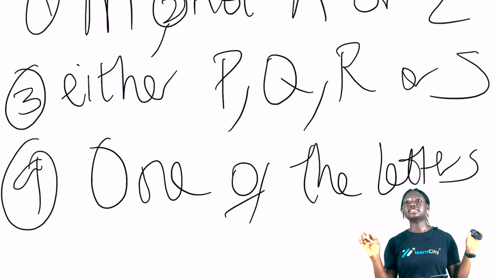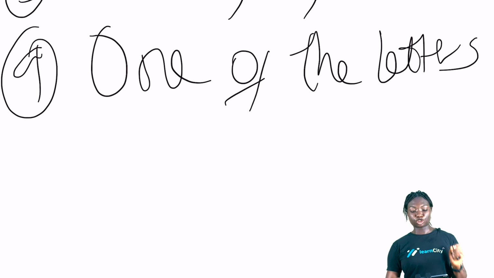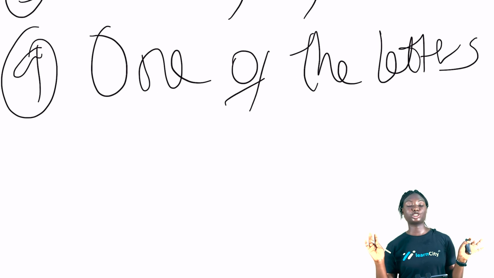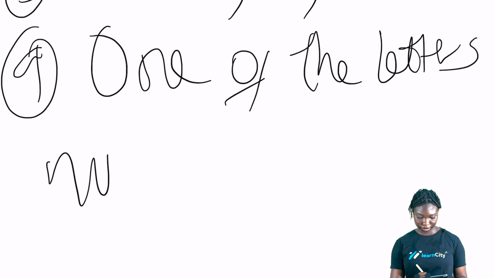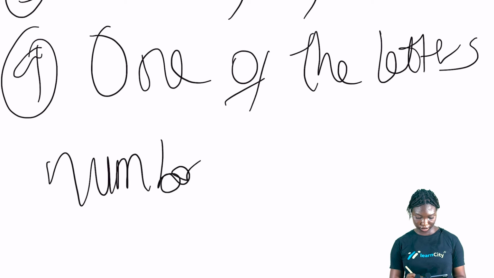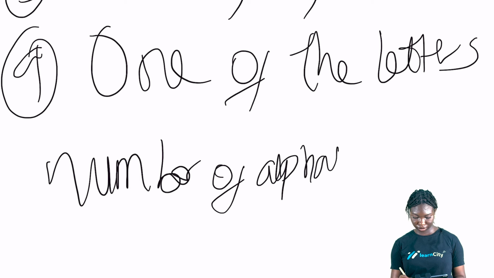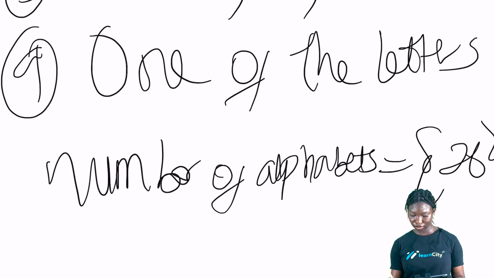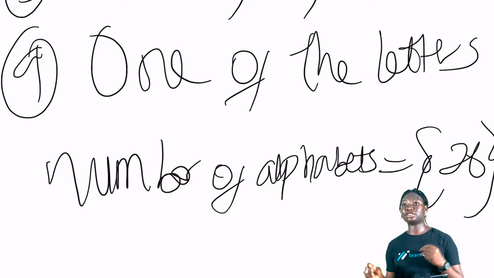So we have the alphabet. The number of letters in the alphabet is 26.